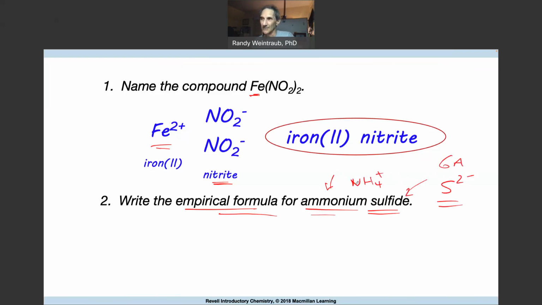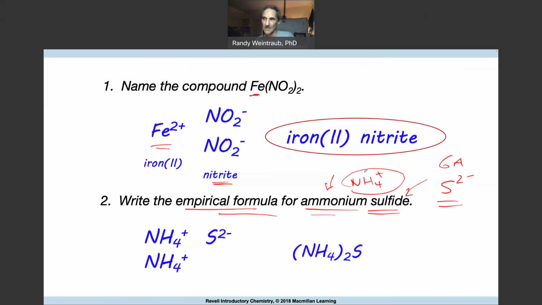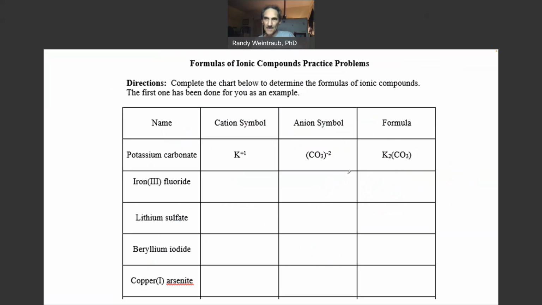Well, it's going to be 2 of these, 2 ammonium ions, cations, forming ammonium sulfide. And you could stop the video and practice a little more with these.